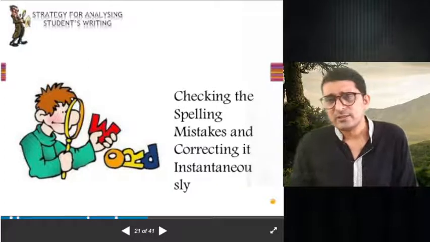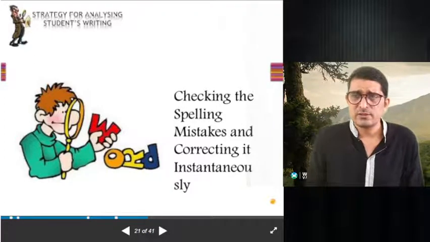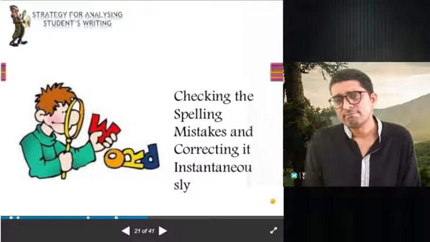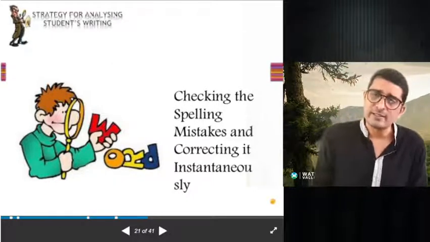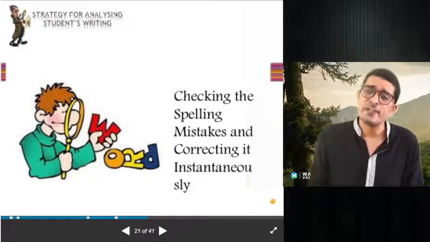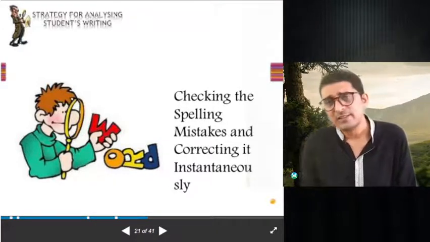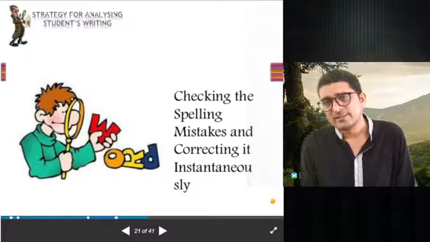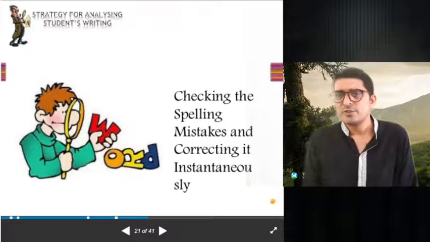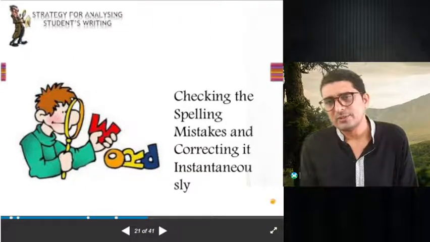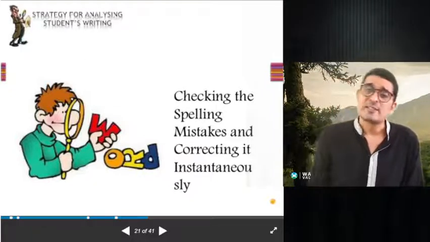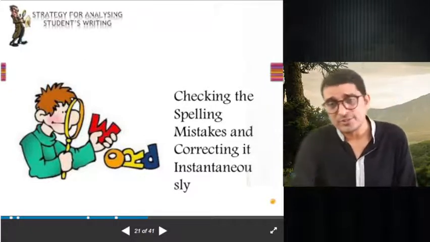Because some people are committing mistakes in spellings even after completing their degrees and PGs, because their spelling mistakes had not been corrected immediately by their teachers. So when you value, you should look at the spelling mistakes, especially when you are valuing something written by school students.